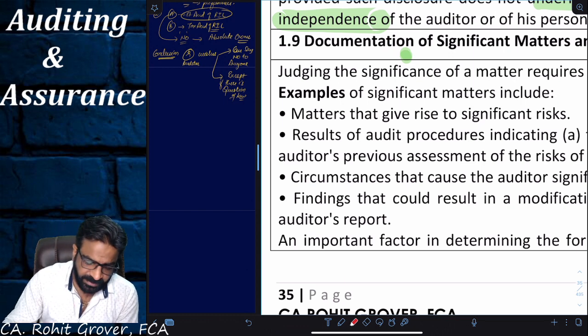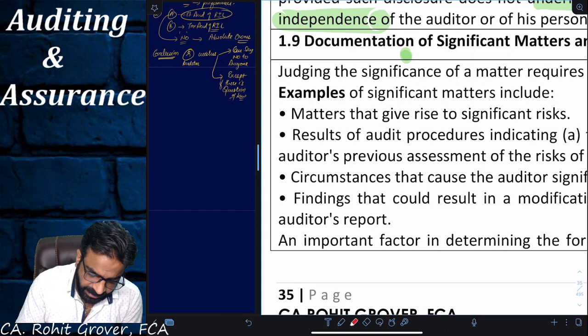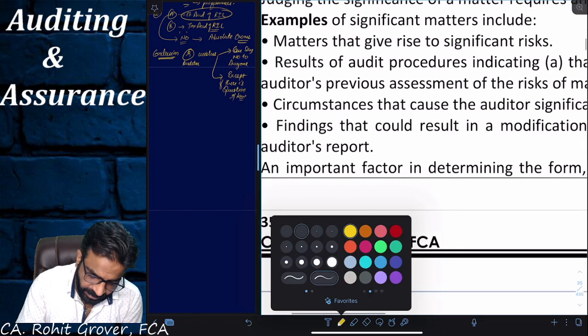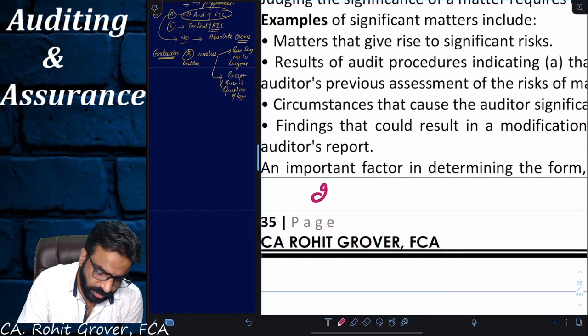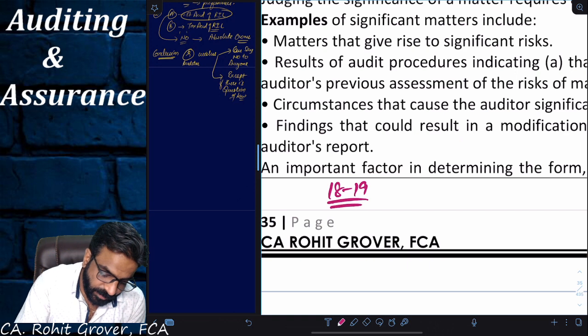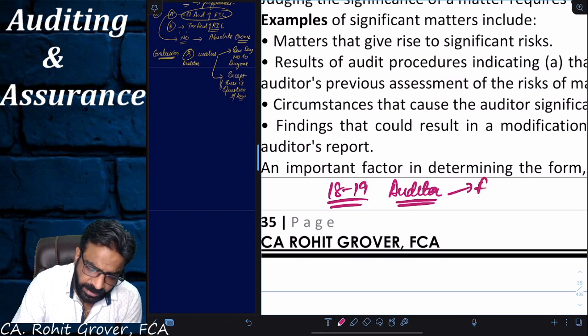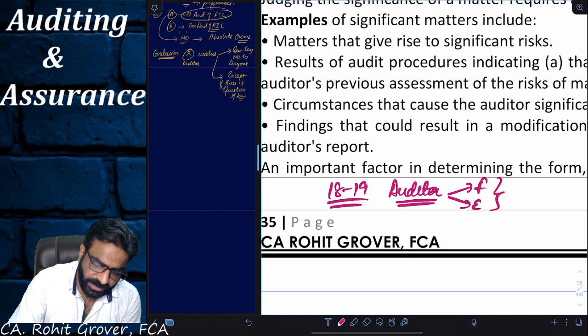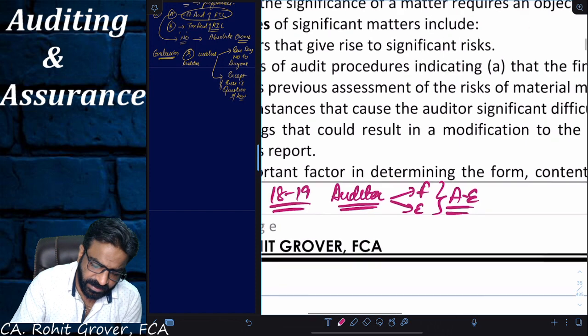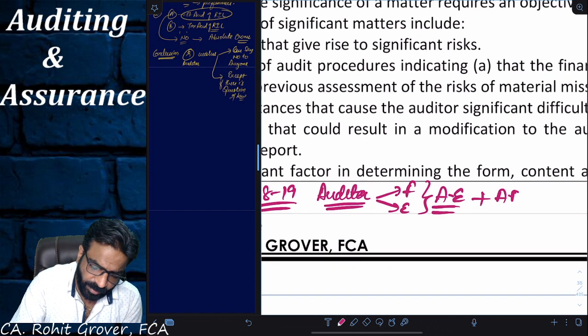Let me ask you a very simple thing. Suppose in the year 1819 you were the auditor, and during 1819 you found so many frauds and so many errors, due to which you collected so many audit evidences also, and your audit documentation file also was prepared.